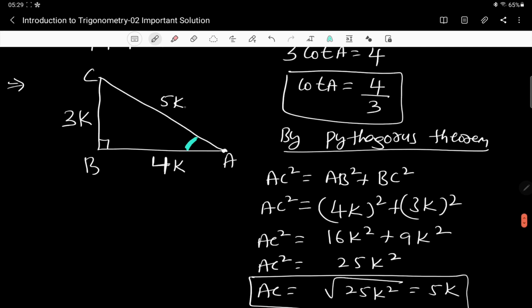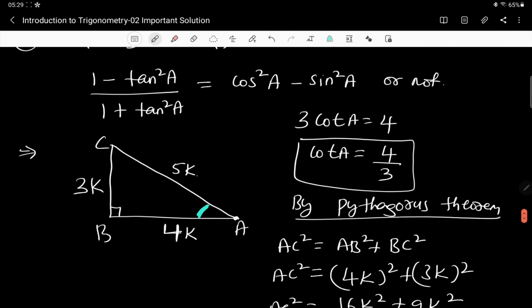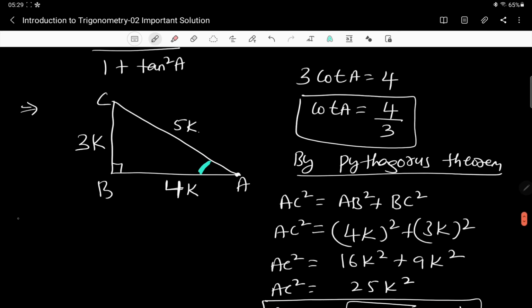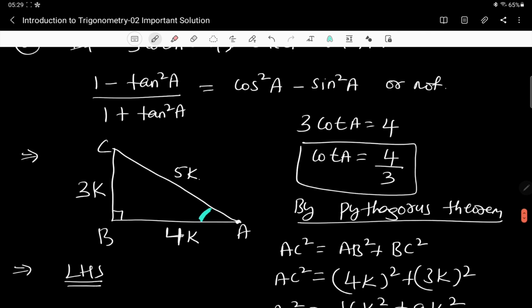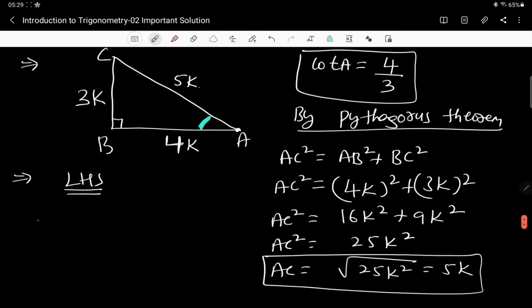Now they are asking us to check whether 1 minus tan square A divided by 1 plus tan square A is equal to cos square A minus sin square A or not. Let us take the LHS. What is that LHS? 1 minus tan square A divided by 1 plus tan square A. You can know the value of tan A directly.